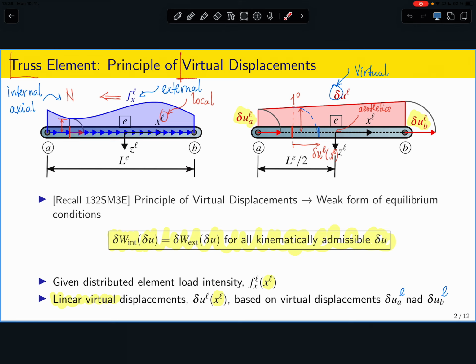So what I will do is start first with the work done by external forces, although I have actually written the work done by internal forces first, because this is something which, in my opinion at least, is a bit easier to explain. So I will start with this part.